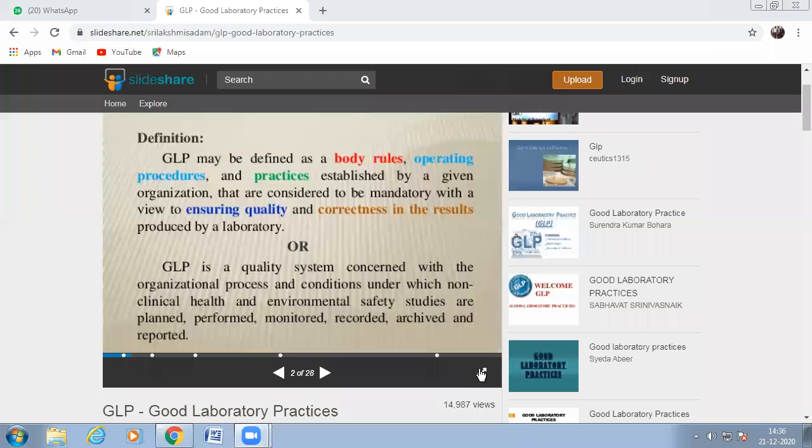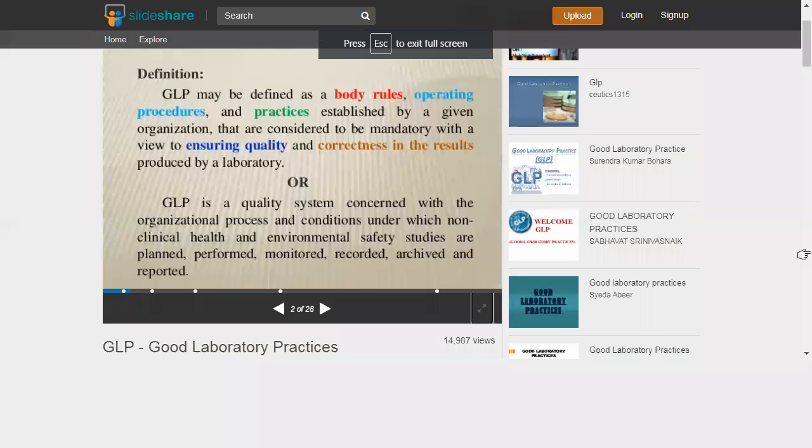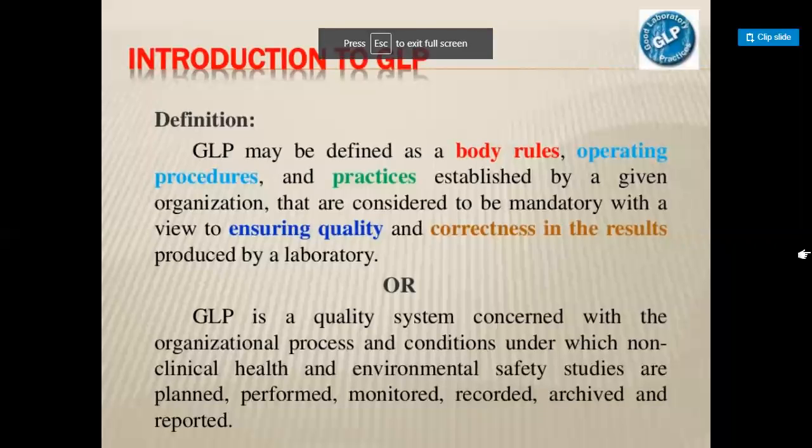Good afternoon, sir. As I am going to start the new topic from second unit, that is Good Laboratory Practice. Till now we discussed good manufacturing practice, then good agriculture practice, good agriculture and collection practice. Now this is the time for GLP, right?